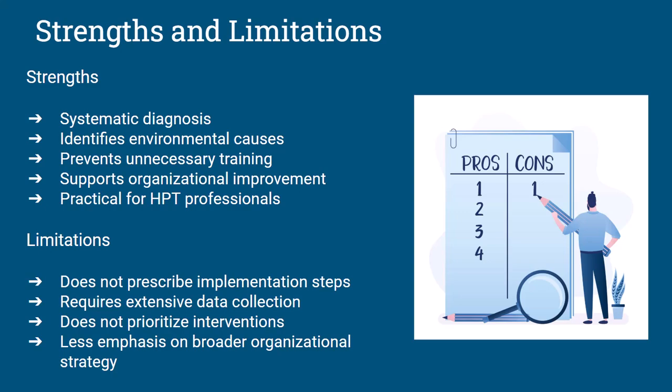It identifies performance gaps, but does not explain how to implement solutions. It also requires thorough data collection and does not prioritize which interventions should be addressed first. Overall, Gilbert's BEM was the best choice for the EduCore Dynamics case because it provided a comprehensive diagnosis of both training and non-training needs, leading to more effective recommendations.